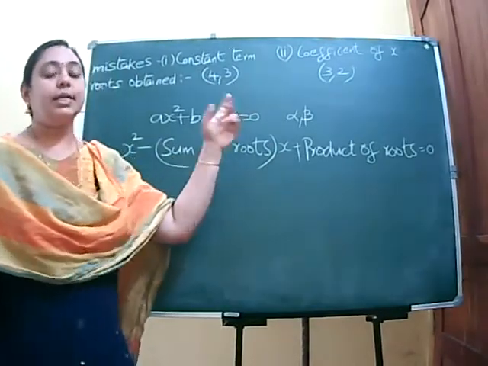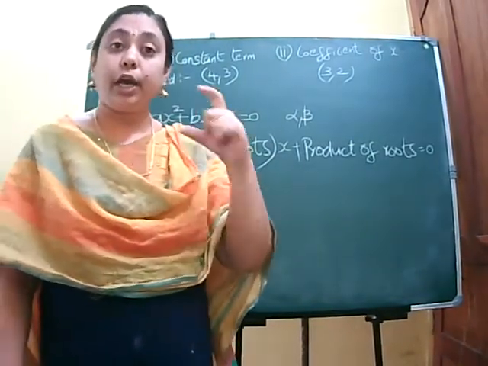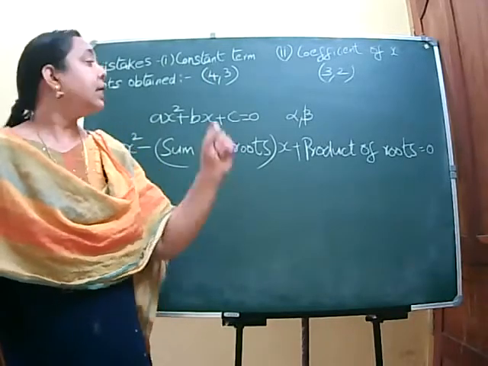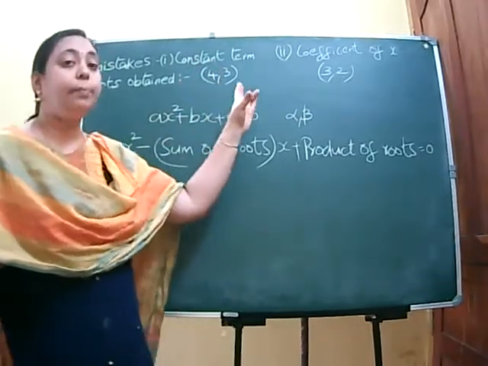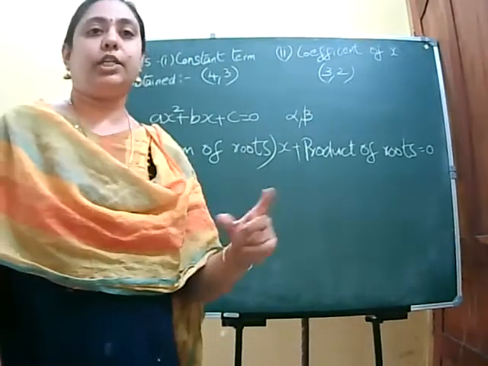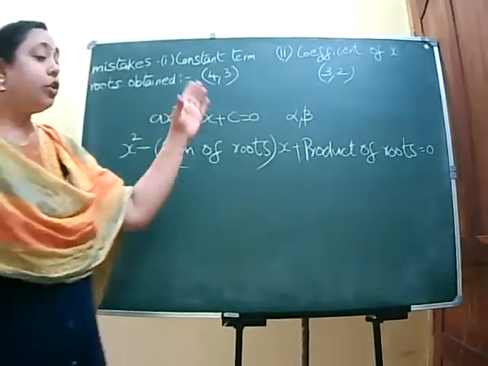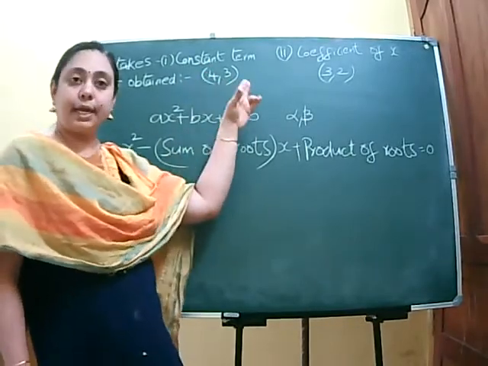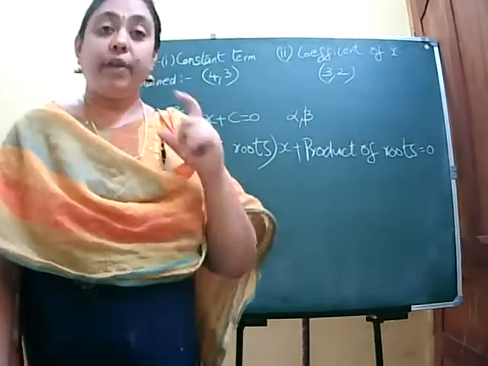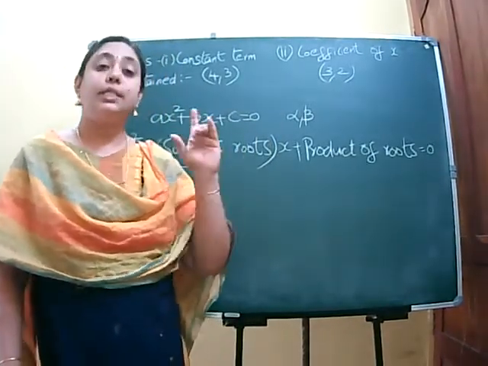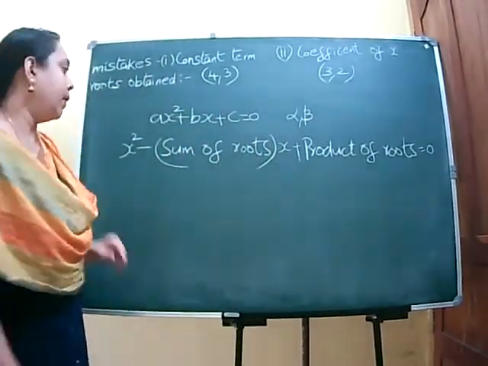Roots may be different since he wrote down a wrong equation, but the sum of the roots is the same. According to his equation, the sum of the roots is 4 plus 3, 7. So in our correct equation also, the sum of the roots is 7.